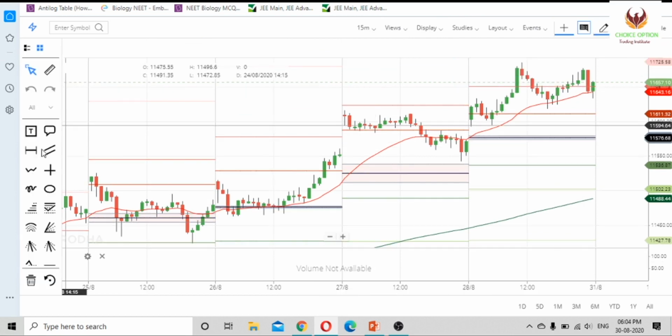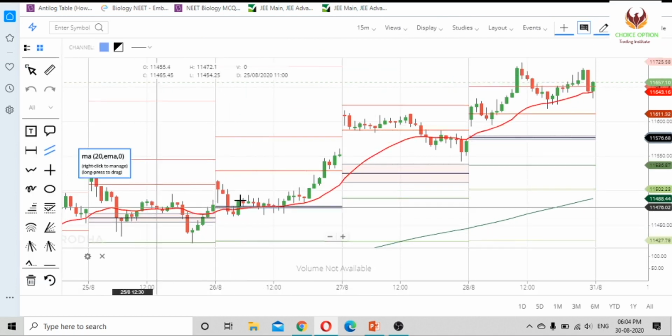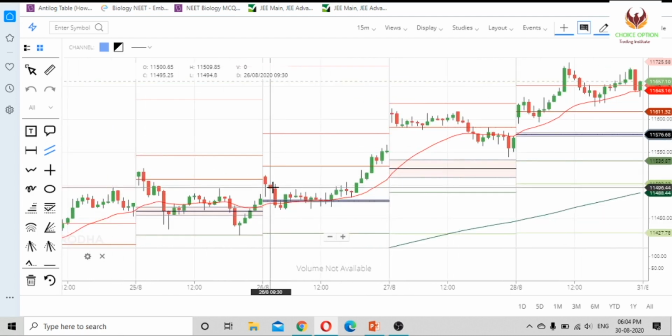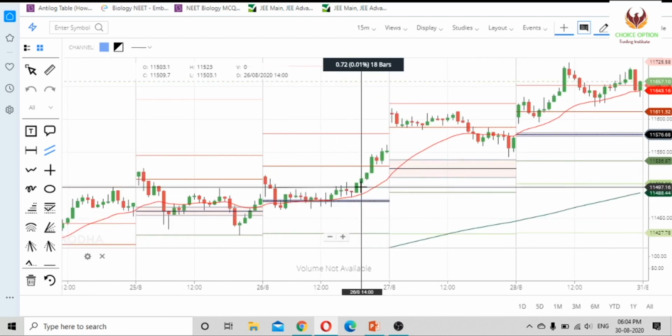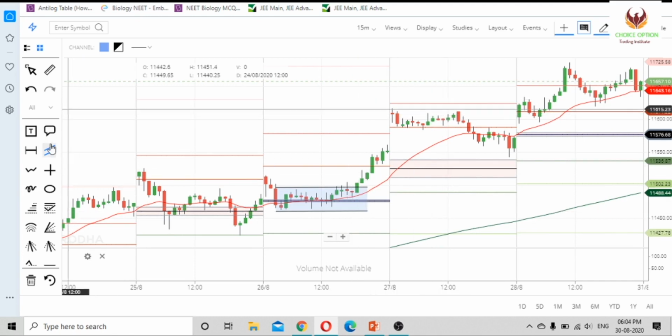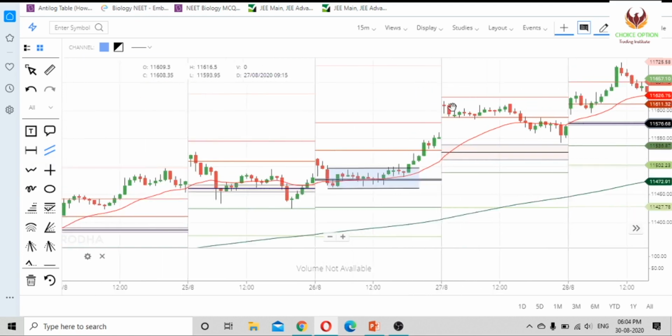There was one consolidation over here, and there was another consolidation over here.